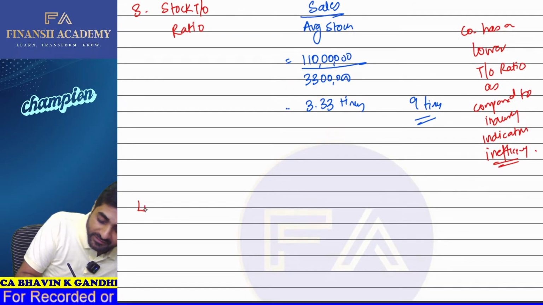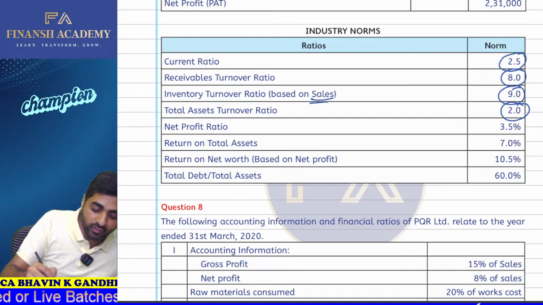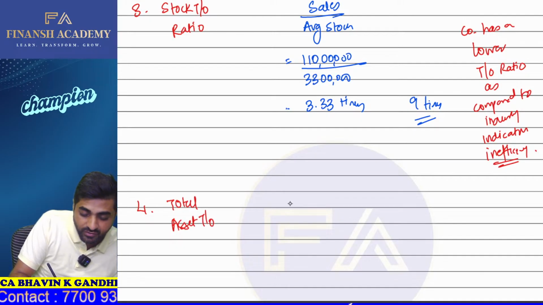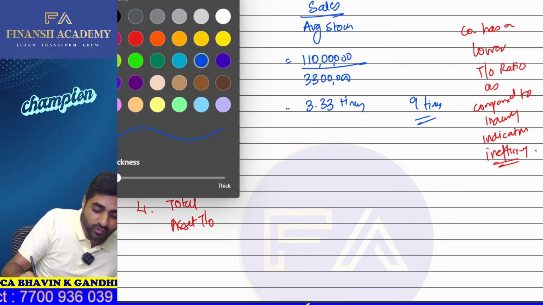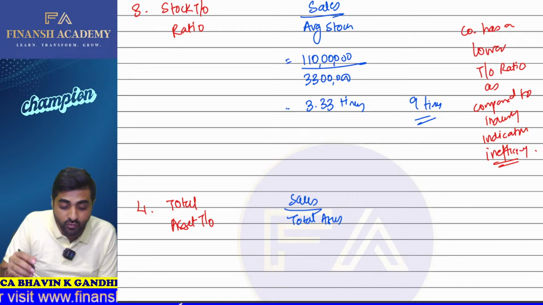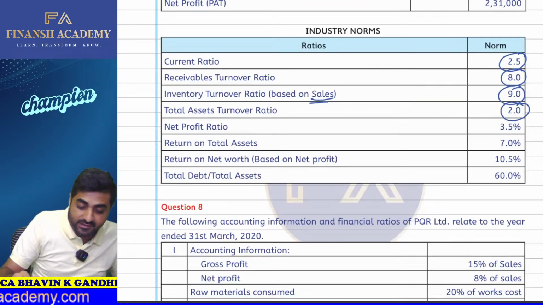Then fourth part. What is the fourth part? Your total asset turnover ratio. Now, as you all are aware, what is the formula for total asset turnover ratio? It will be sales upon total assets. So do we have your sales? Yes, sir, we have the amount of sales, which is 1 crore 10 lakhs. And what is your total assets?